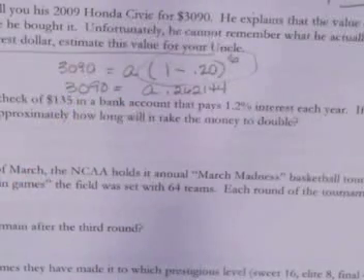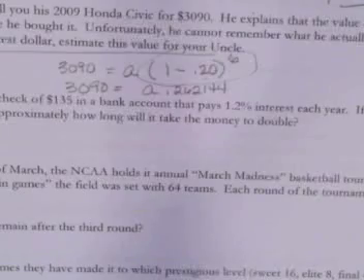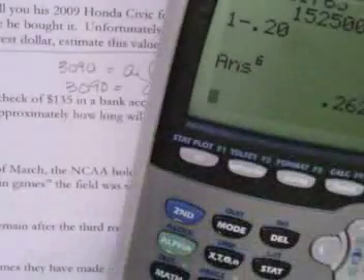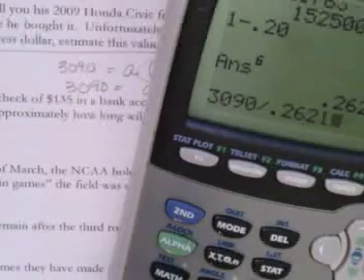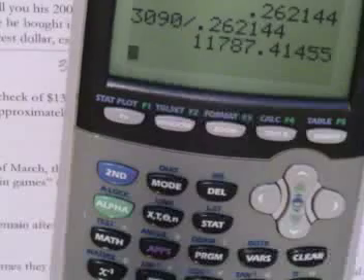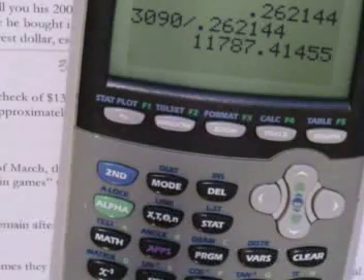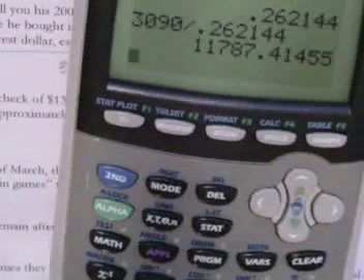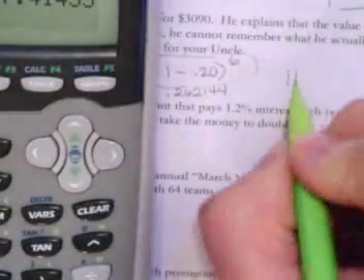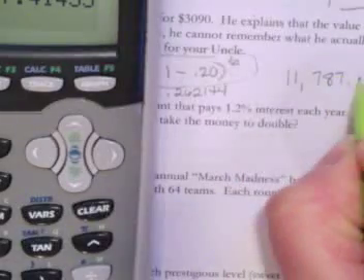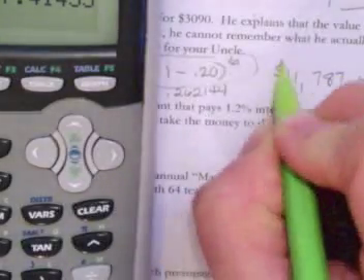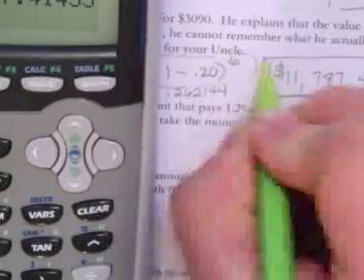And now if I solve for A by dividing both sides of the equation by 0.262144, I will get this. And that should give me the original amount that my uncle paid for the car of $11,787.41. So my answer is $11,787.41. And that should have been the original value of the car.